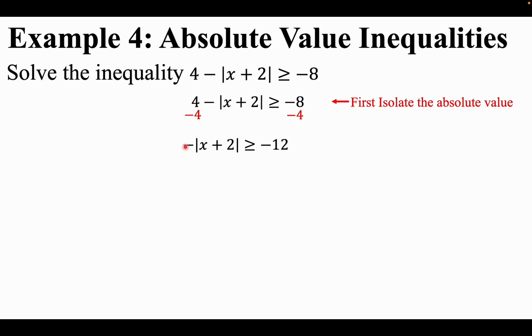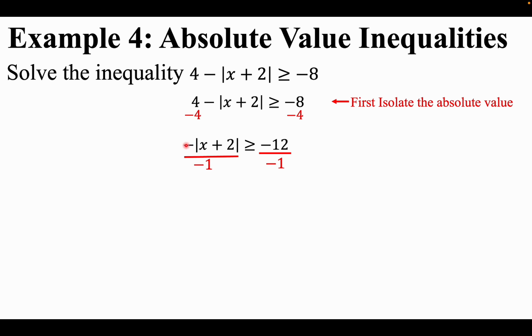Now remember, a negative means it's a negative 1 outside here. So to get rid of that, we have to divide by a negative 1, since this negative symbol is being multiplied to this. The inverse of multiplication is division. So let's divide by a negative 1. And then you have absolute value of x plus 2.